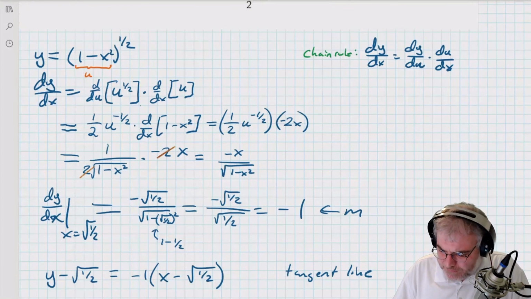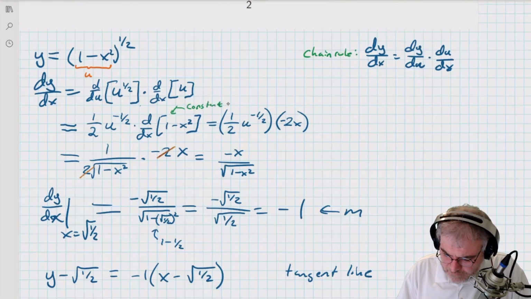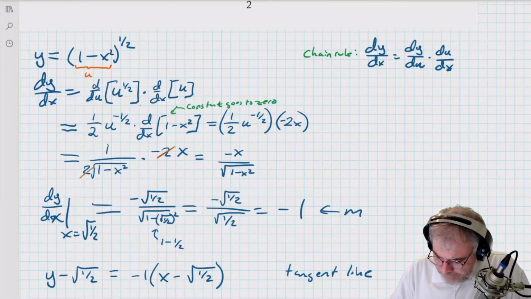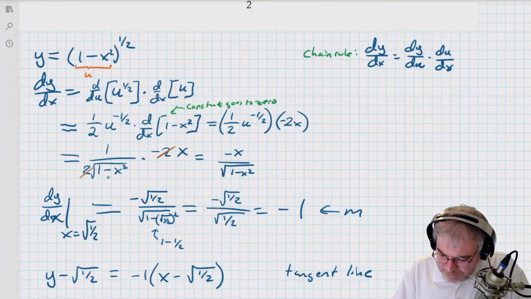Yes, I should have put the 0 there. Okay, so this 2 here and that 2 there are going to cancel. And I am going to simplify this a bit, because it's going to make these numbers work out nicely.